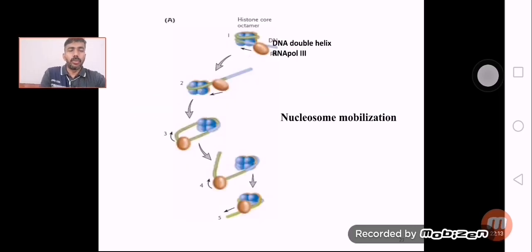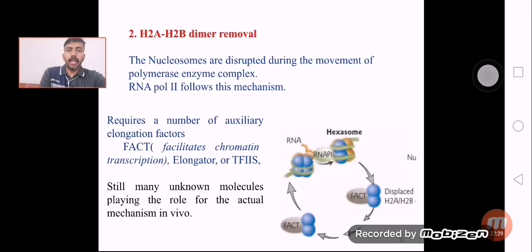This image shows that mechanism. You can see the blue as the nucleosomes. The nucleosomes will be moving into a transcribed region from an untranscribed region. The second mechanism is the removal of the octamer core, that means H2A, H2B dimer removal.